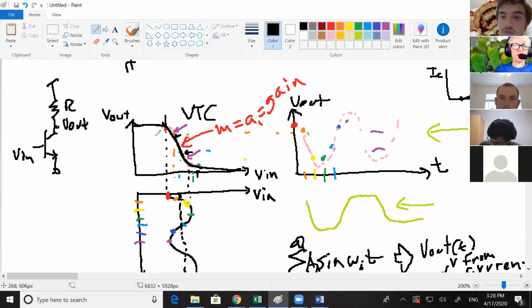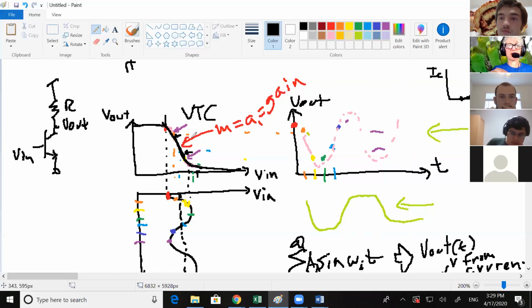When V in gets high enough to start turning on your BJT, it starts slowly and then the current gets faster and faster, so it's steepest somewhere around here. And then when it gets so high that it starts to put the BJT into saturation, it starts flattening out again. So this is what the VTC for your common emitter amplifier looks like.